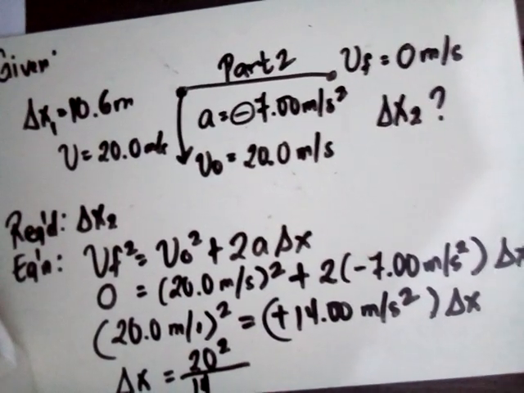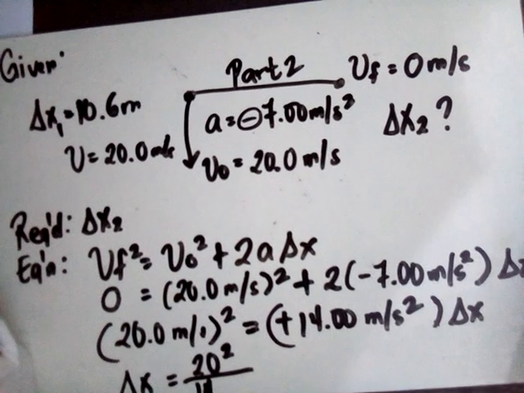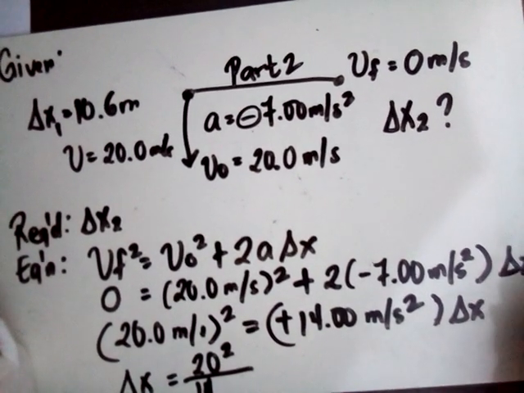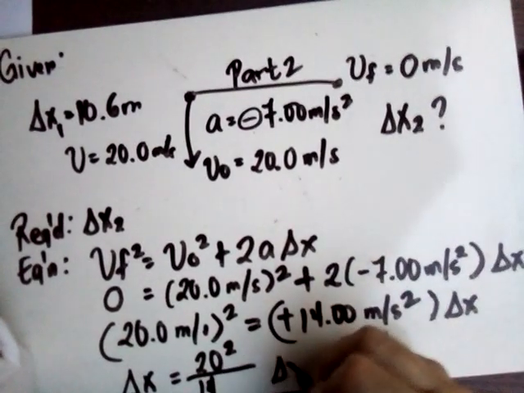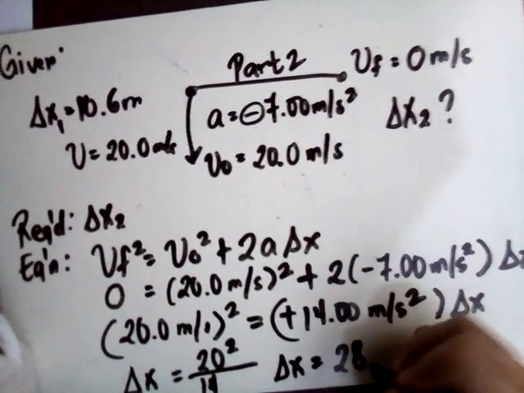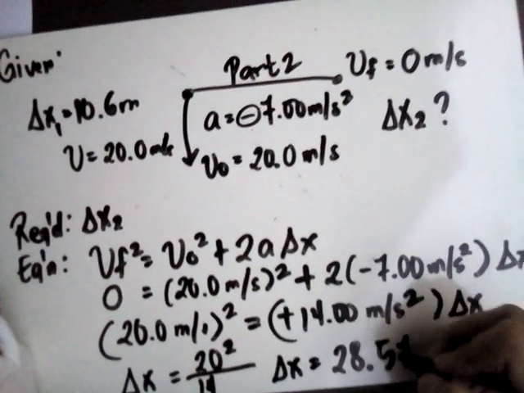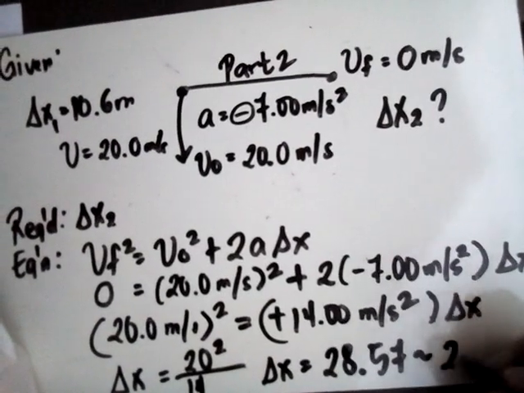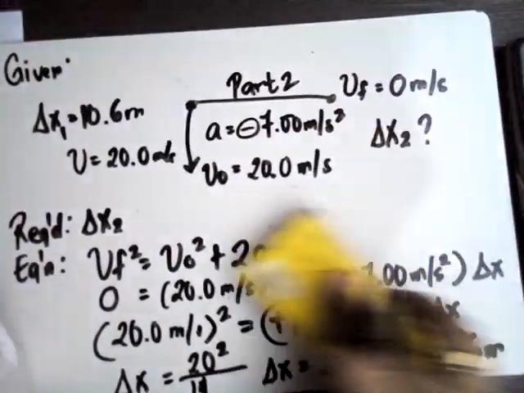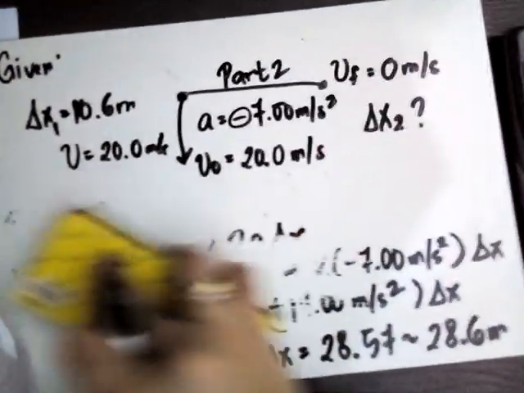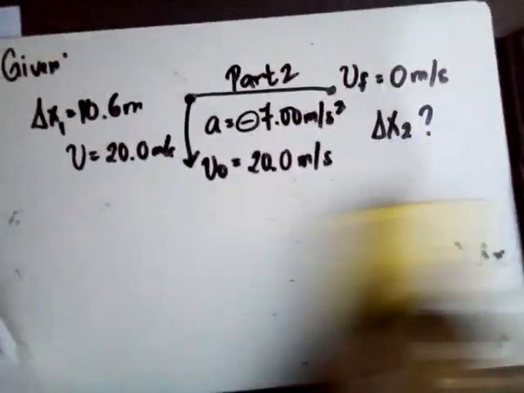So that would be 20 squared divided by 14. So delta x is equal to 28.57 or 28.6 meters.